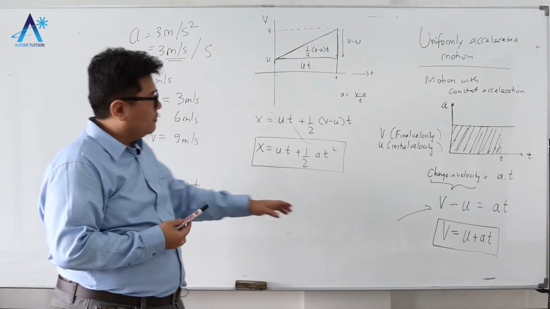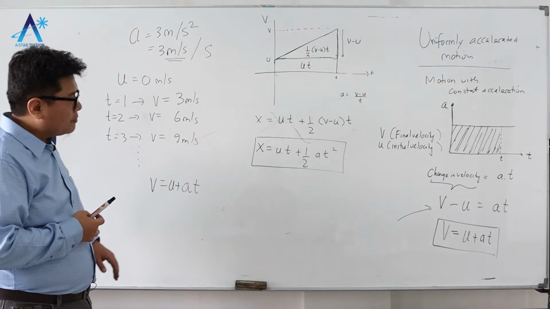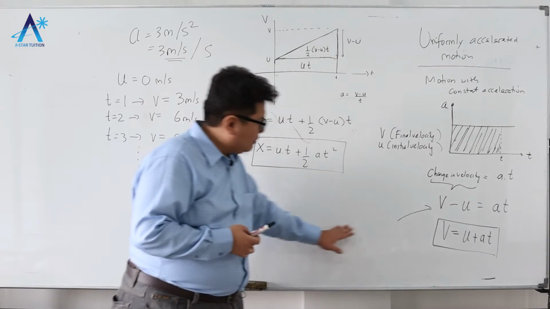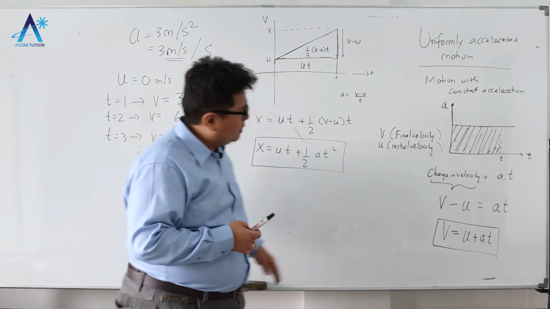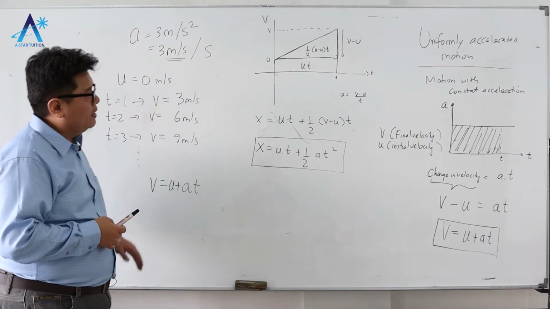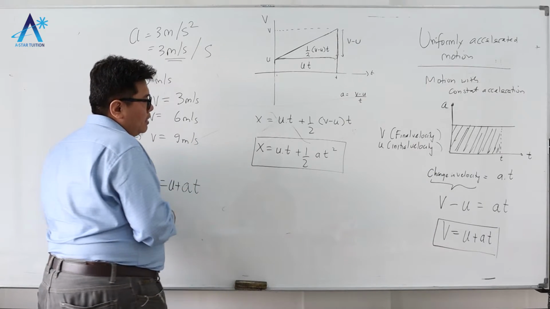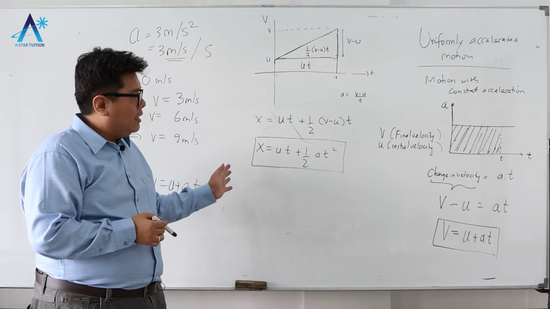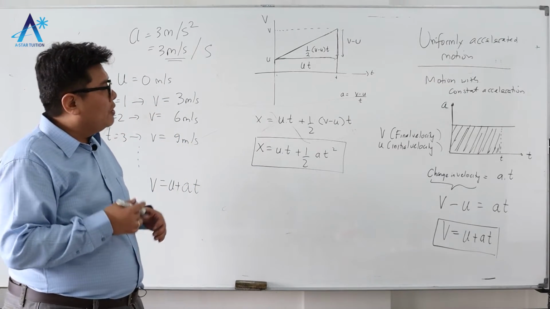So this is the velocity function against time, and this is the displacement function against time. Now these two formulas are quite famous actually. If you Google SUVAT, you will find these formulas. But in addition to these two formulas, there are actually additional derivatives.